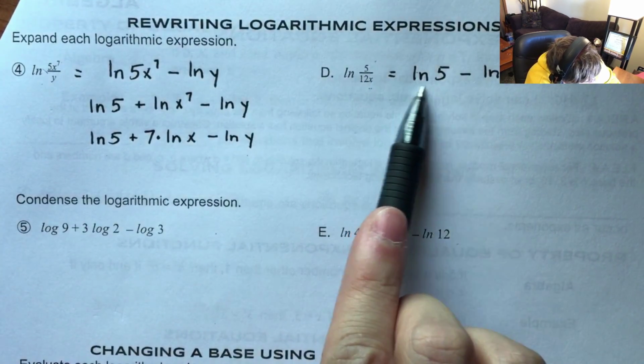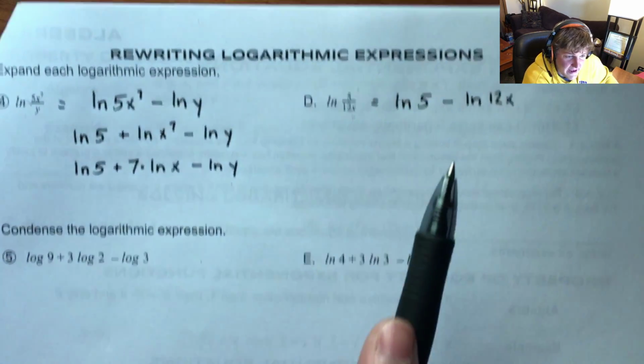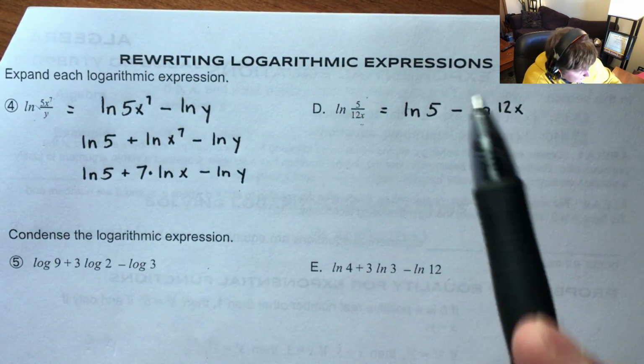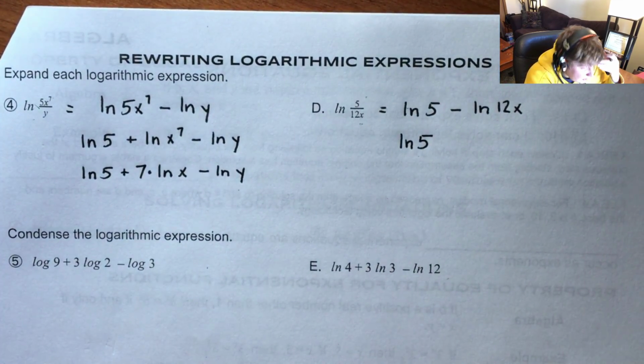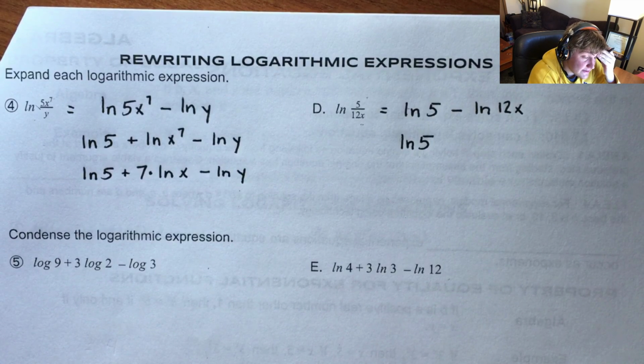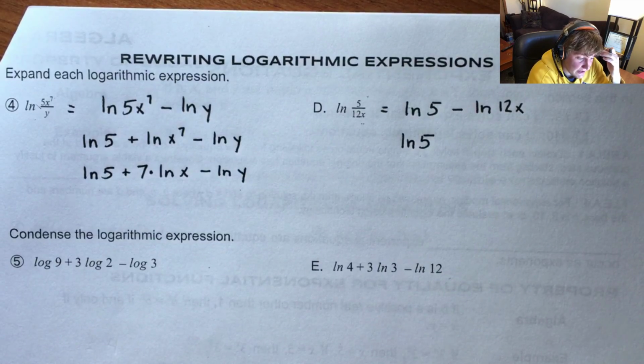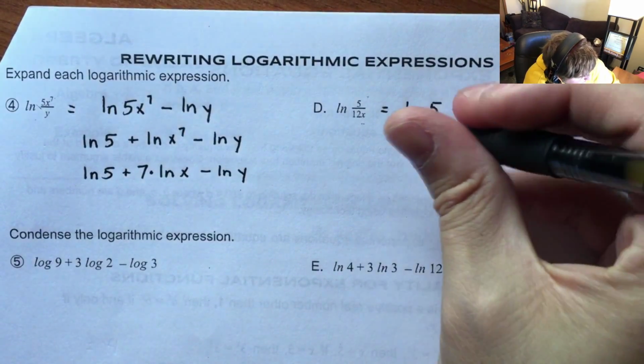Okay, so I'm going to look at the natural log of 5 and ask myself whether that can be simplified or not, which it cannot. Okay, and then I'm going to look at the natural log of 12x. So 12x means 12 times x. Okay, so this is multiplication.